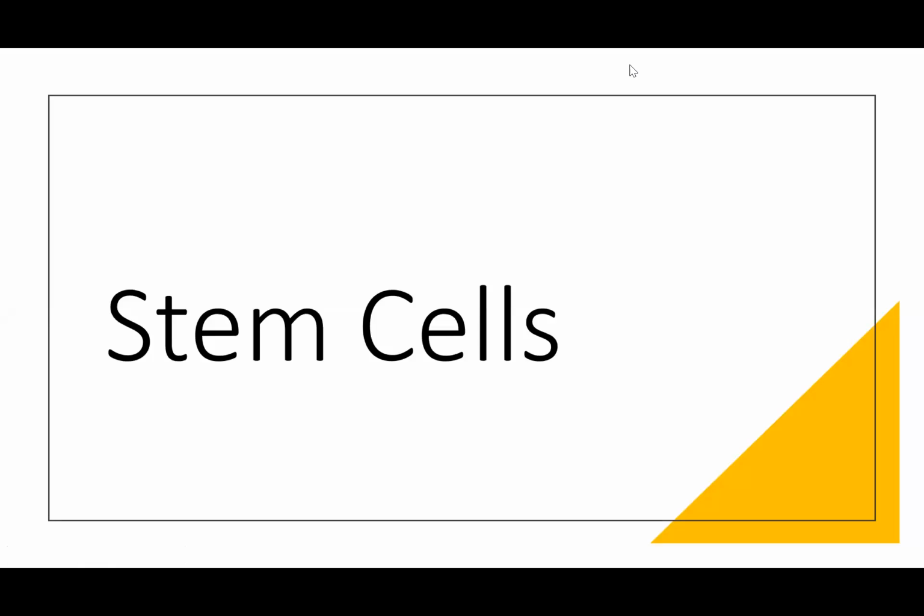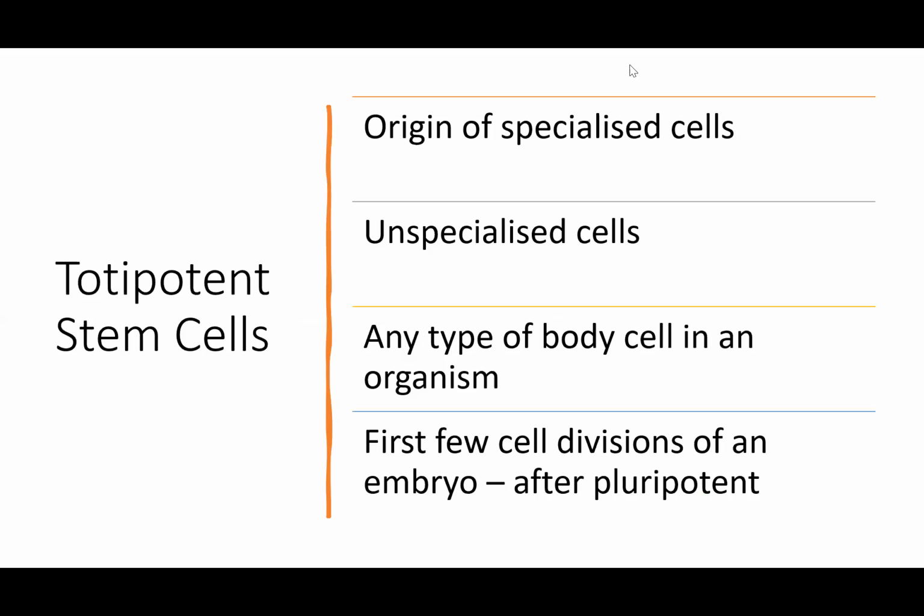So stem cells are a type of cell that's basically unspecialized, and a stem cell can become different types of cells. So what we're going to look at first is a totipotent stem cell.